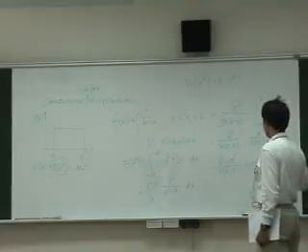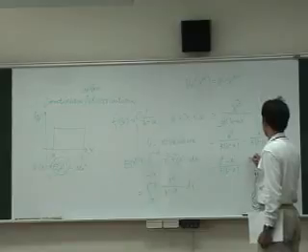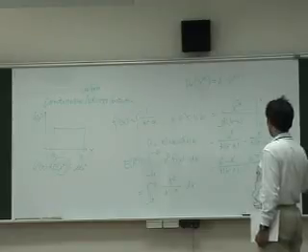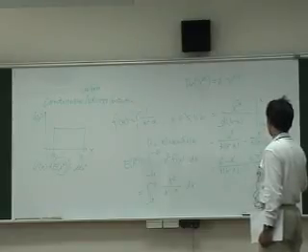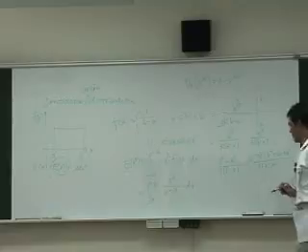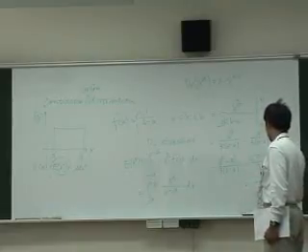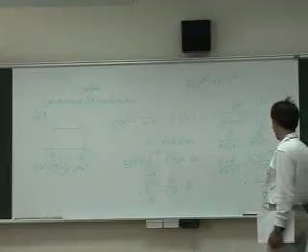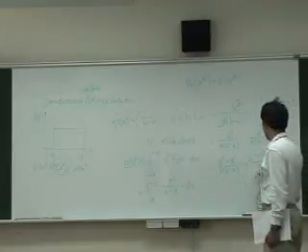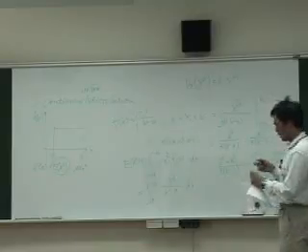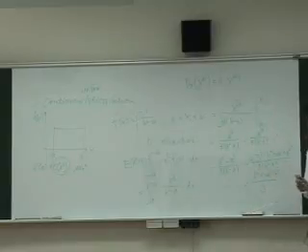So what do you get? (b minus a)(b squared plus ab plus a squared) divided by 3(b minus a). So what does this mean? You have 3 as the denominator and b squared plus ab plus a squared. Any questions so far?